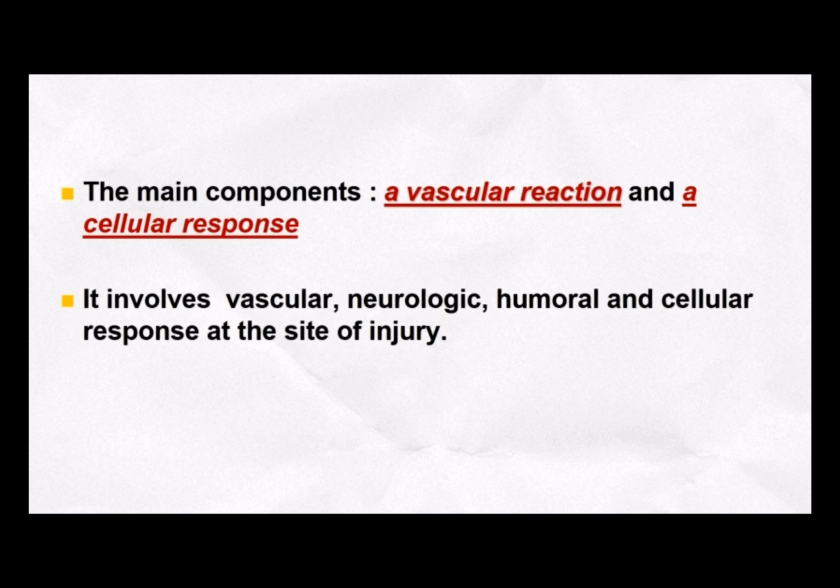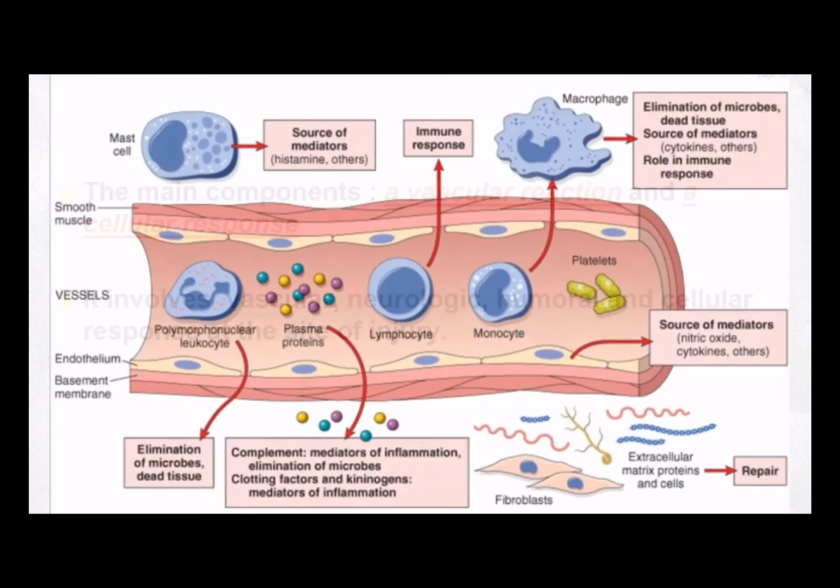The main components of inflammation are a vascular reaction and a cellular response. It involves vascular, neurologic, humoral, and cellular response at the site of injury. This picture shows the components of inflammatory responses and their principal functions. Look at the picture. Here is a blood vessel.